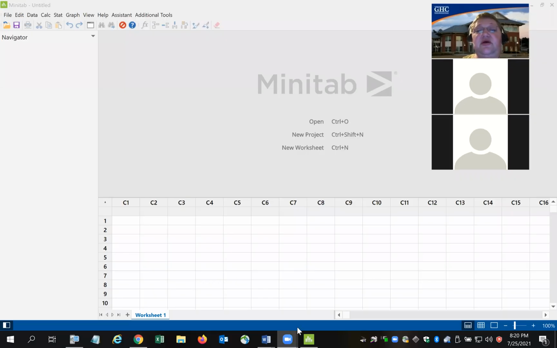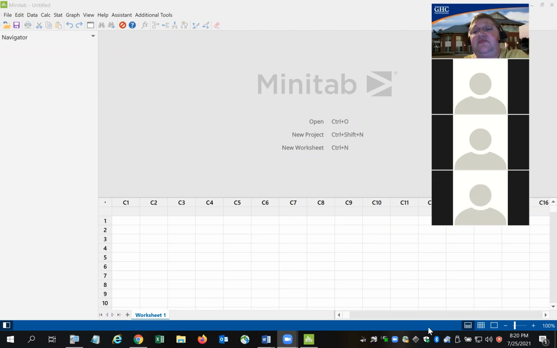Okay, so I'm going back to screen share. You should be seeing my Minitab screen. Are you guys seeing the Minitab screen? Good. Yes, it was the other screen that I was unable to see. Yes, ma'am. I'll go back to it in just a minute so that you can get that information.